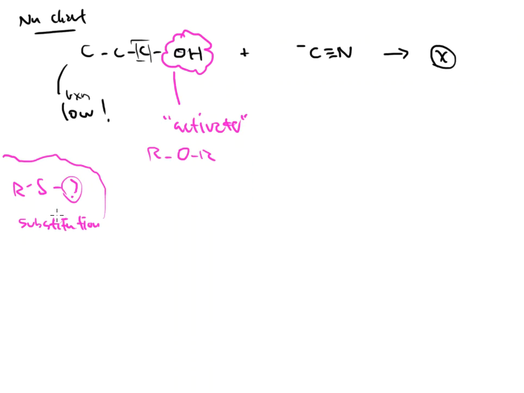The OH, the alcohol, or the ROR, which is the ether, those have to be activated. So the question now is, how on earth do we activate these groups? And the answer is very easily, we protonate it.